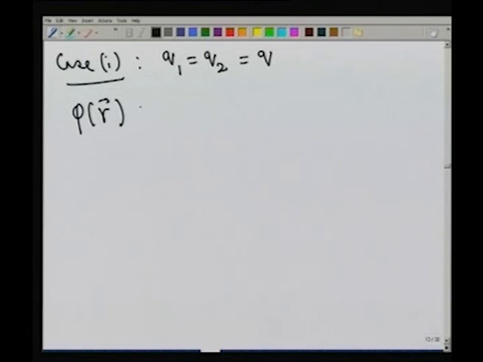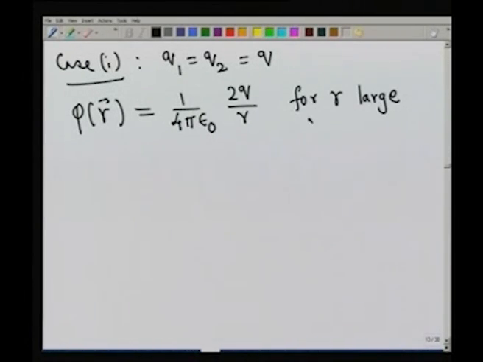Now let me look at the situation which is case 1, namely Q1 is equal to Q2 is equal to Q. They have the same sign and the same magnitude. Then you can easily see that if I were to keep only the leading order contribution, this is nothing but 1 over 4 pi epsilon naught into 2Q by R for R large.